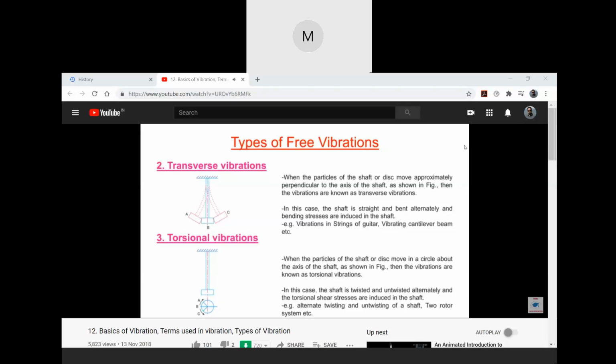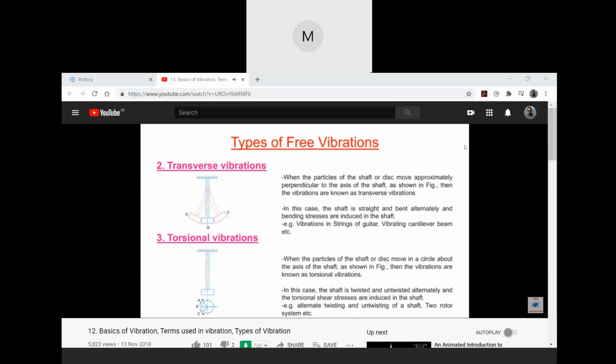Third, torsional vibration. When the particles of shaft or disc move in a circle about the axis of shaft, then this type of vibration is known as torsional vibration. See in that figure, there is one shaft and one disc attached to its one end. The disc at initial position is at B, suppose, and it is twisted towards A and released.